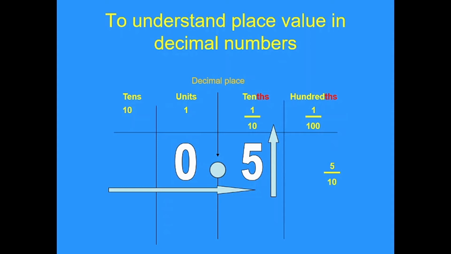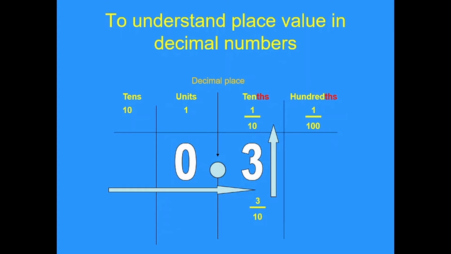The value is 5 over 10. Next, 0 and 3 tenths. 3 is under tenths place. To get the value, 3 times 1 over 10, the answer or the value is 3 over 10.